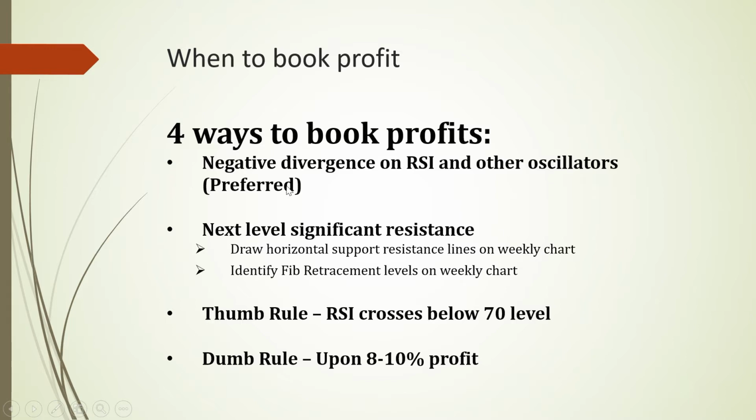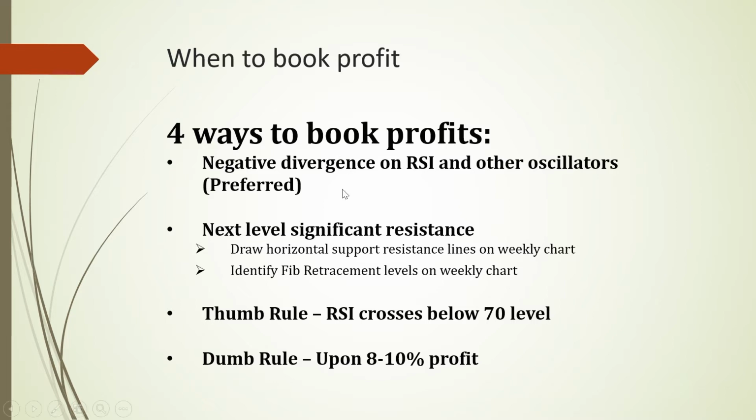Out of these four methods, in this video we are going to concentrate in more detail on finding the negative divergence, because this is where people have the most difficulty, because this is a little bit subjective, and there are a lot of observational skills which you need to develop.